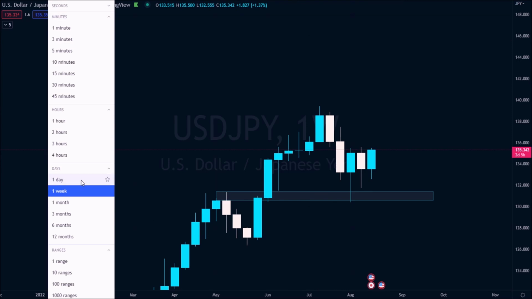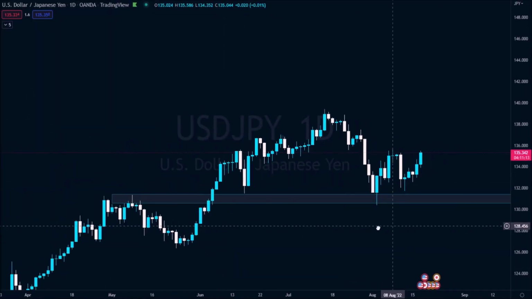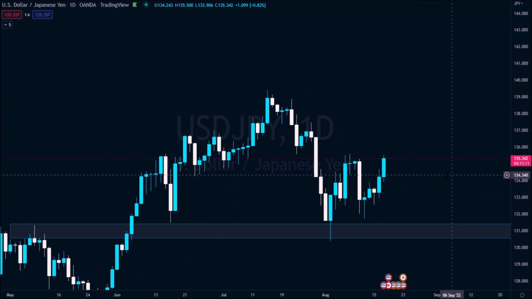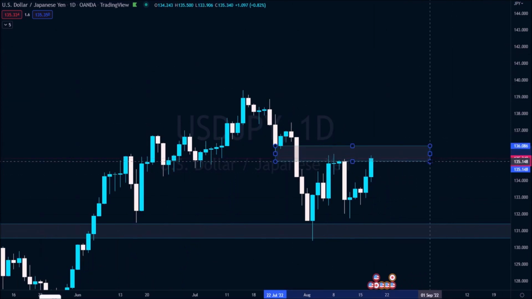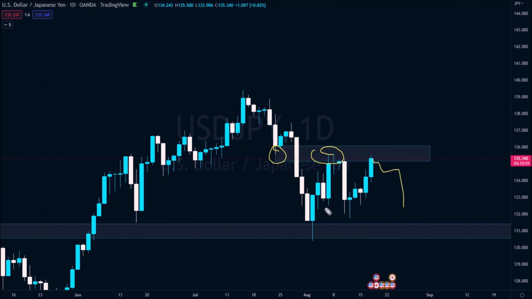Let's go down into the daily and take a look at where price is coming into a previous level of structure. We have support here and resistance here, so I don't want to be long straight into resistance. Either we come back down into an area of support, and that's where I'll look to get long, or if we can get a daily close and retest from the underside, that is where I will look for more trading opportunities to the upside in dollar yen.